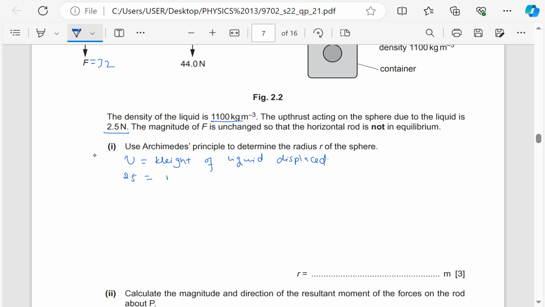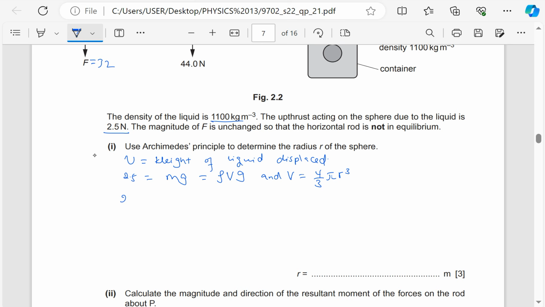The weight of the liquid displaced is going to be mg, which is the same as density times volume, that is mass, then times g. And of course, you remember the volume, it is a sphere, so the volume of a sphere is 4 over 3 pi r cubed.